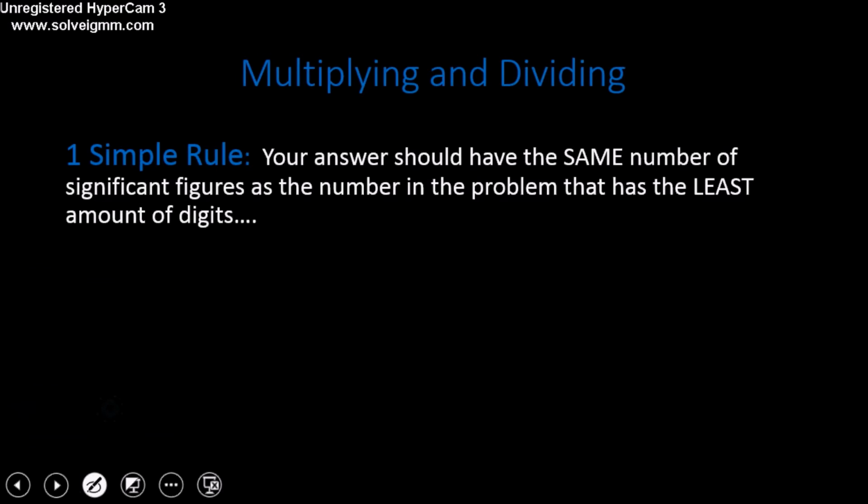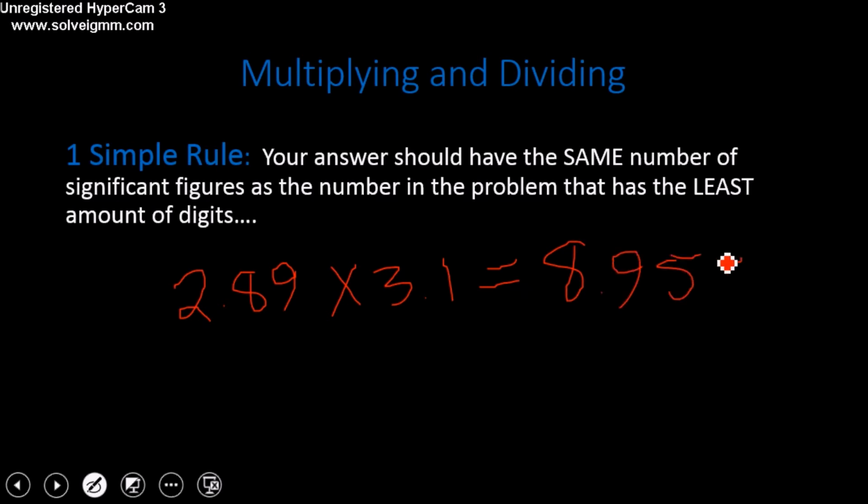For example, if you had the problem 2.89 times 3.1 and you typed it into your calculator, it would give you a number that looks like this, 8.959. Now, the question is, do you use all of the digits that your calculator gave you?